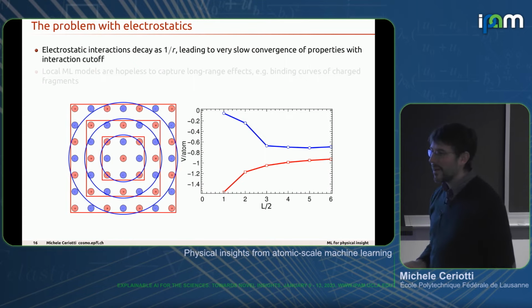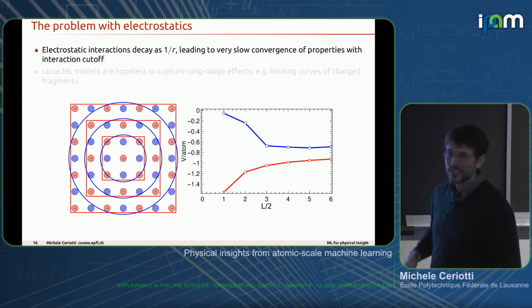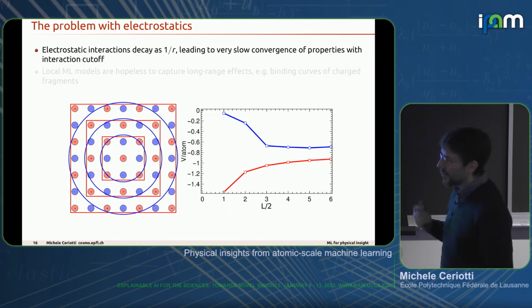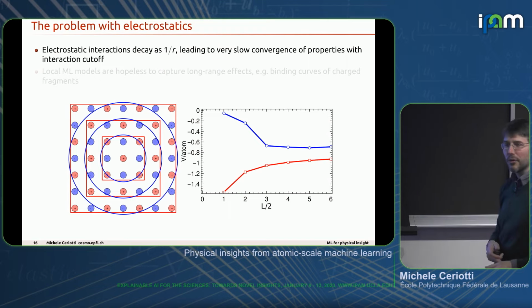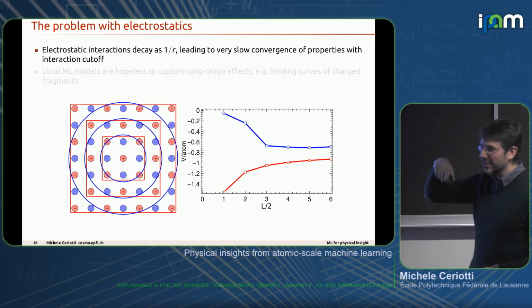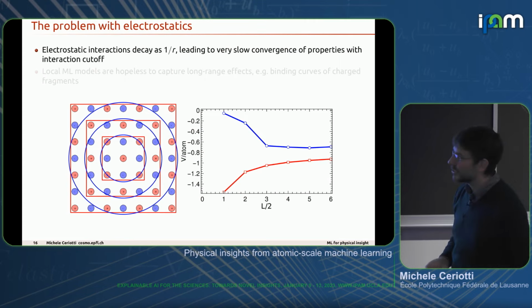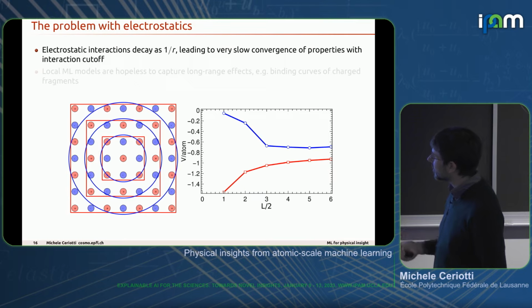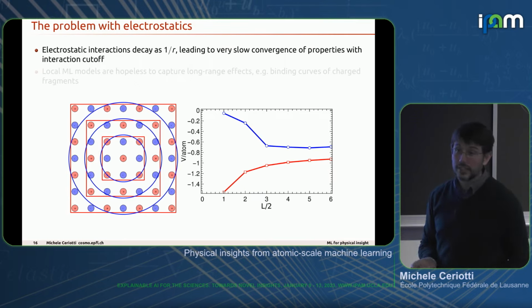Those of you who remember all the pathological behavior of series that don't converge in absolute value: one fantastic real-life example of a series that doesn't converge in absolute value and leads to all sorts of painful situations is the problem of electrostatic interactions.